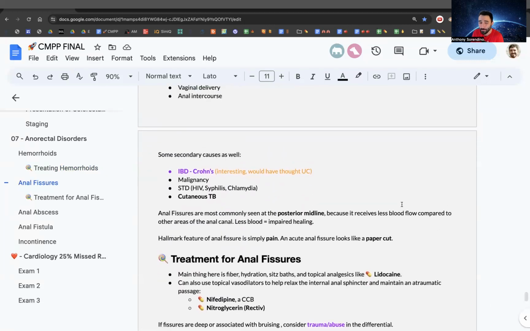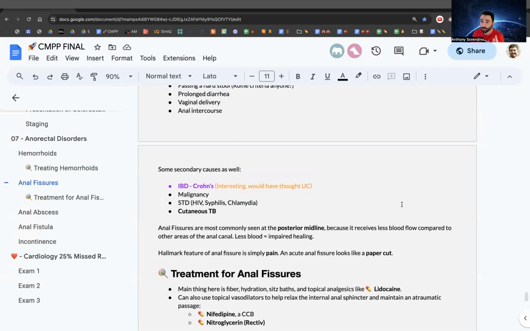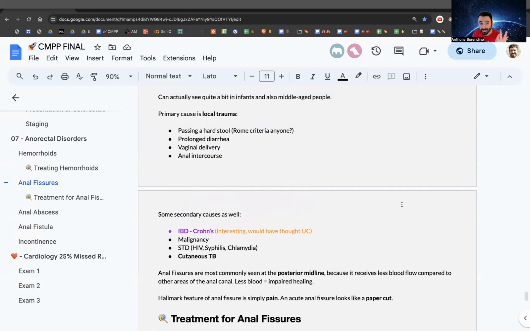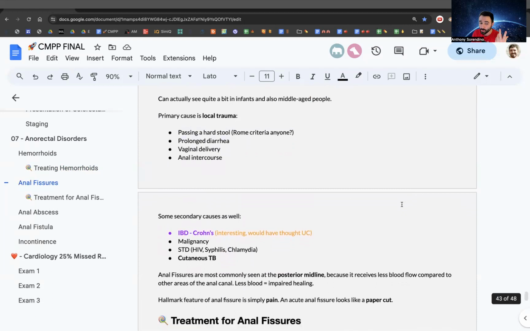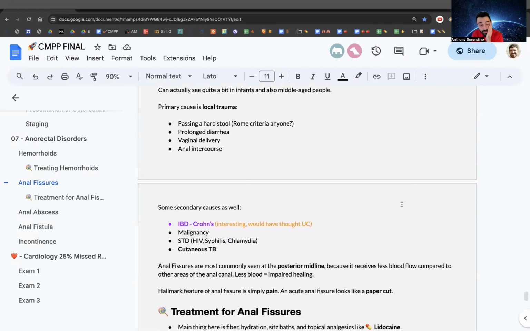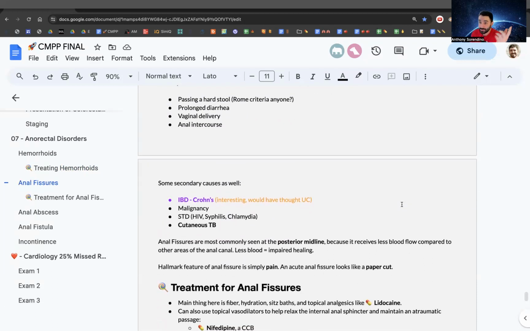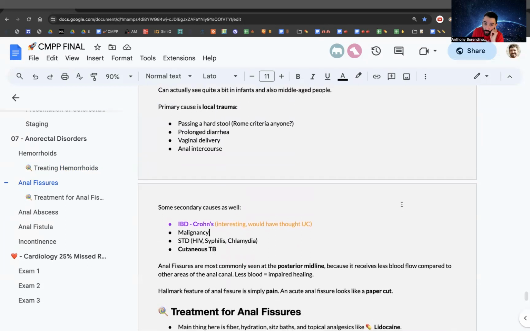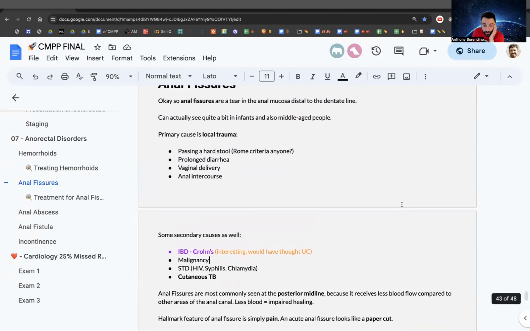But I guess not. Maybe this has something to do with Crohn's being transmural, I would guess. So if you have a skip lesion down in the more distal bowel, you'll get an anal fissure. That's my hypothesis. Cutaneous TB, that sounds very buzzwordy for these anal fissures as well.